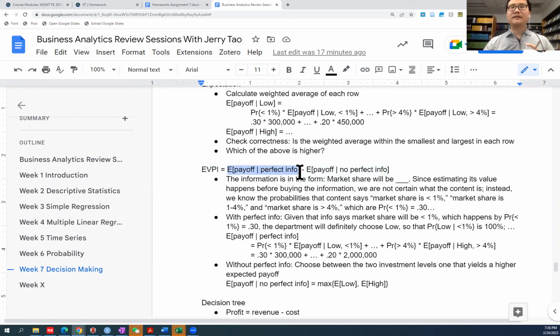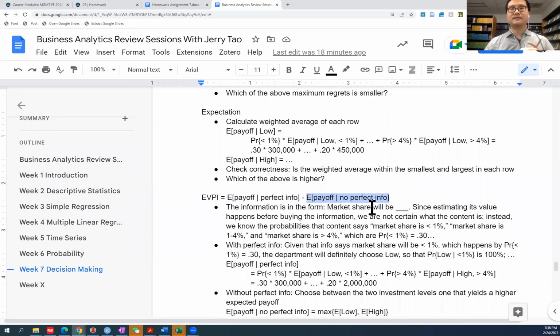And as Rachana mentioned, we have already calculated the expected value of payoff under the no perfect information scenario. That's exactly what happens in part C. Now we need to calculate this extra piece, the expected payoff given perfect information. So could you elaborate on how we calculate this piece highlighted on my shared screen, Rachana?